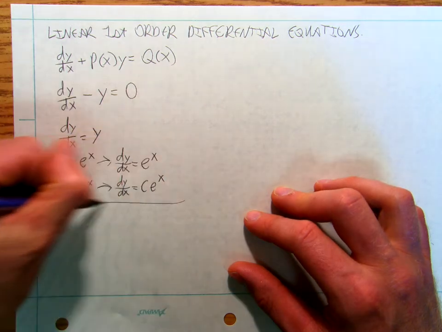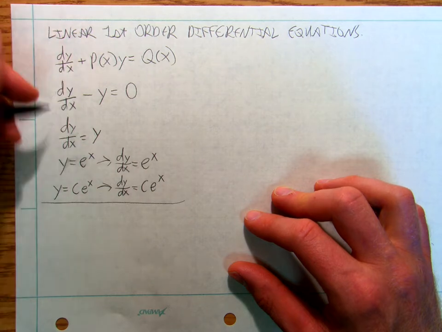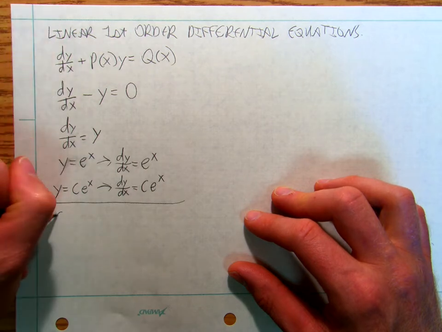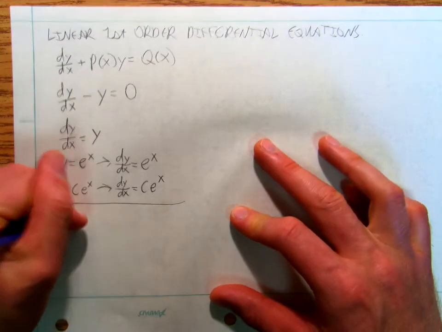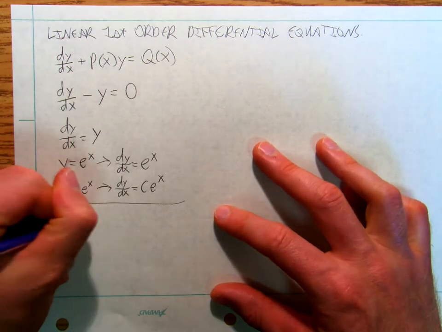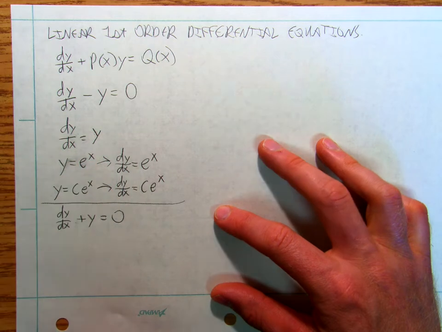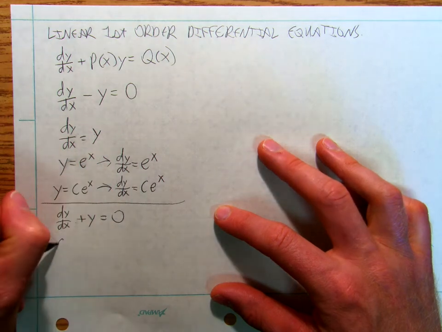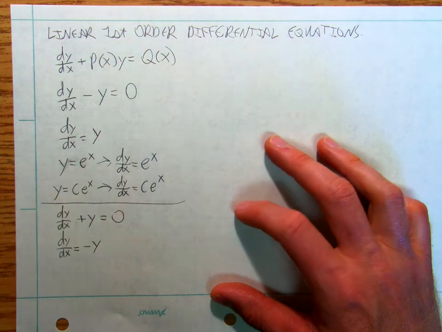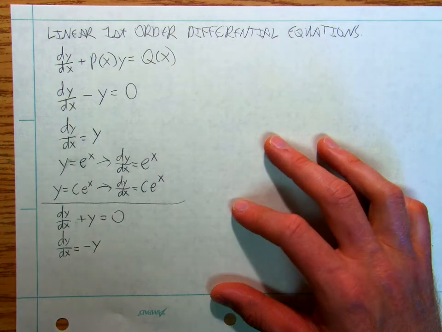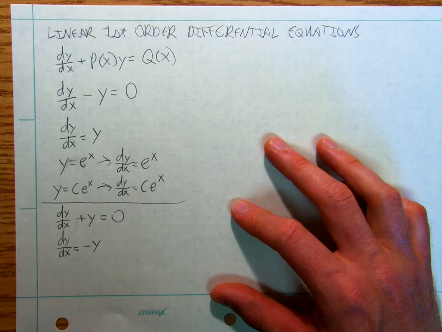Okay, so let's look at another one. Let's just change it around really slightly. dy/dx plus y is equal to 0. So then I say dy/dx is equal to -y. And then we ask, well, what function is going to do that?